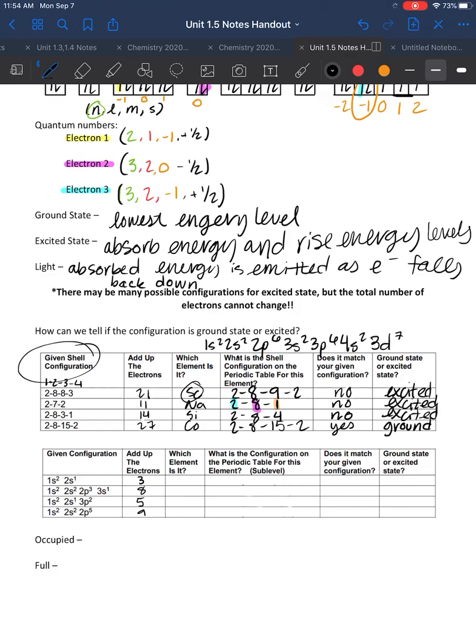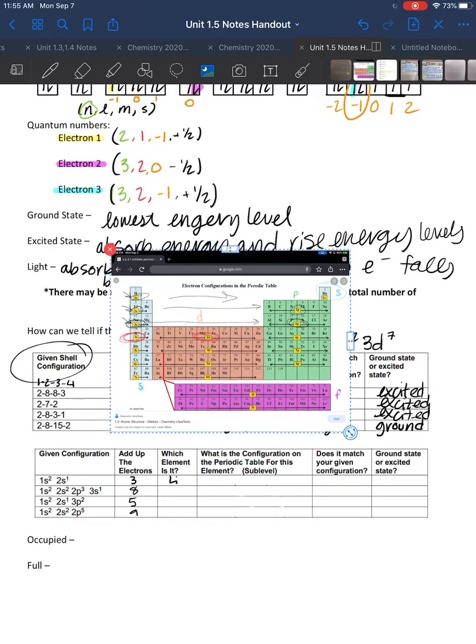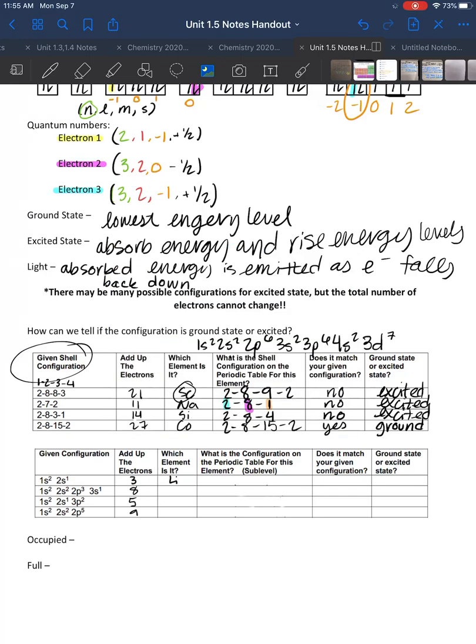So 3 would be lithium, 8 is, gosh, my brain, pull this up again, 8 is oxygen, 5 is boron, and 9 is fluorine.